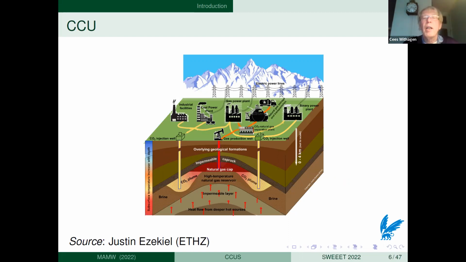But at the same time, the CO2 that is generated in this process of use is really reinserted in the gas well. Okay, and that means that the pressure in the gas well goes up.